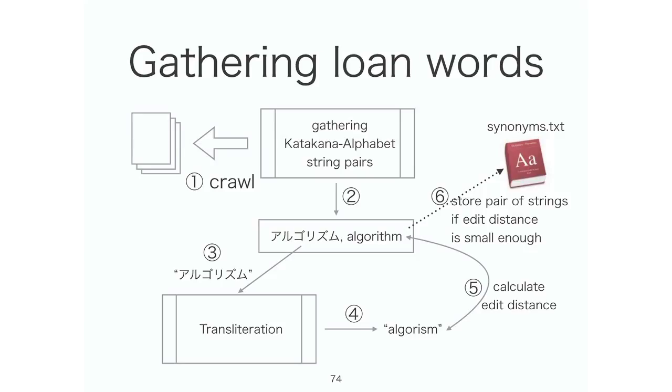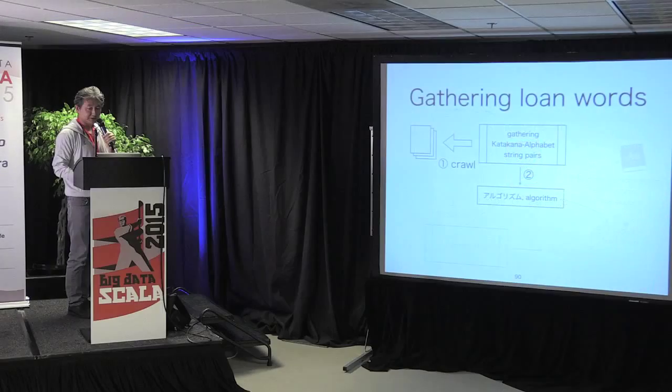This is a system that crawls web pages on the internet to collect pairs of katakana and English alphabet strings. It assumes that a katakana word that is close to an English word is a loan word of that English word.